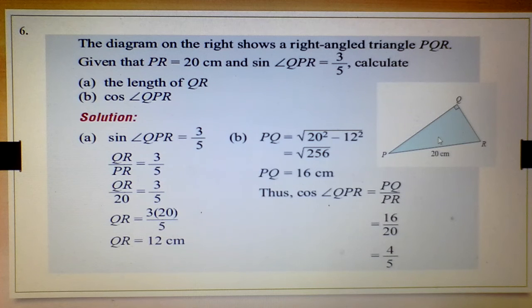Cos QPR is adjacent divided by hypotenuse, meaning PQ divided by PR. PQ is 16, so 16 divided by 20, you get 4/5. So you must know what step to start. If they give you information about length, make sure you complete the triangle to find the length first. Then only you can use the formula for sine, cos, and tangent.